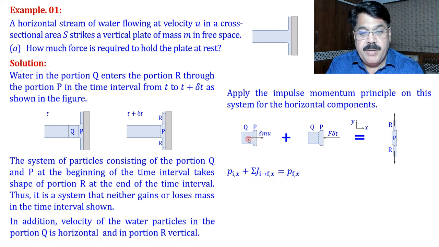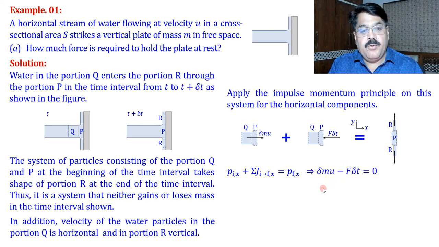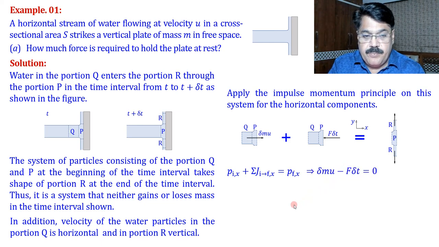Now you can see from here, initial momentum is dm u and the impulse is only F dt, so it will be in the minus direction. So we have dm u minus F dt, and you can see there is no horizontal component of momentum at the end, so the right hand side will contain 0. So dm u minus F dt equals 0, and from here F is equal to dm by dt into u.